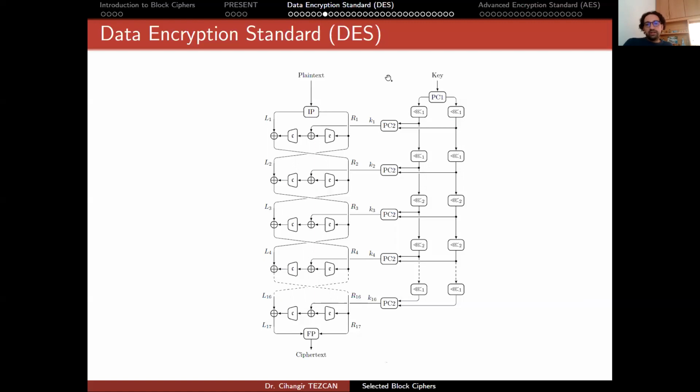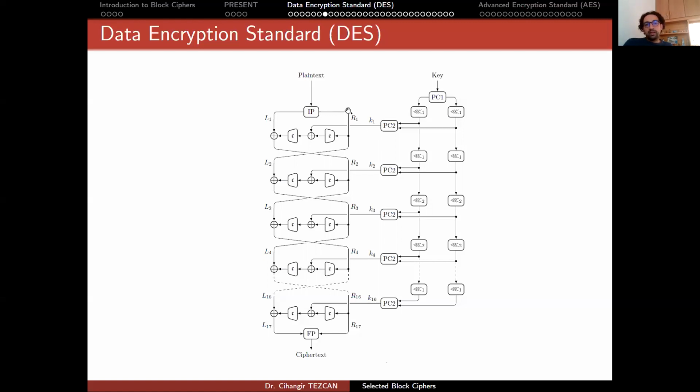So the big picture is as follows. You have the key, and this key is put inside a permutation, and it is rotated, sometimes 1 bit to the left and sometimes 2 bits to the left. After that, there is another permutation, and the 48-bit round key is produced here. The plaintext block is initially put inside the initial permutation, and at the end you have a final permutation.